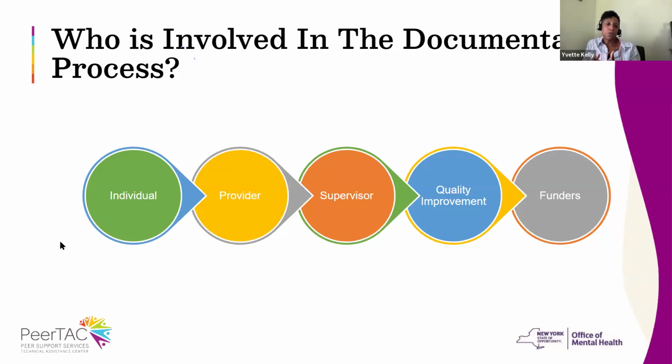And then funders, whose job is to manage their dollars and make sure that folks are getting quality services, and that they're getting the services that they need based on assessed needs, and what has been identified in the service plan. So there's a whole community here that really is responsible, and being included in the documentation process, right? And everyone plays a different role.